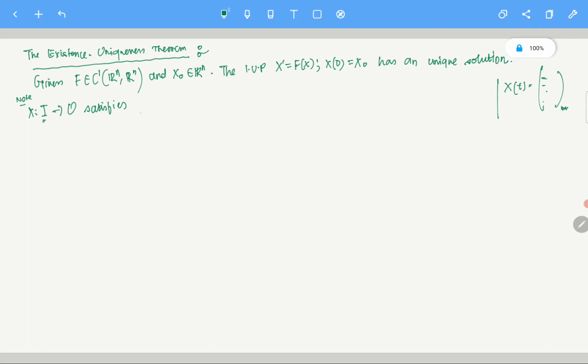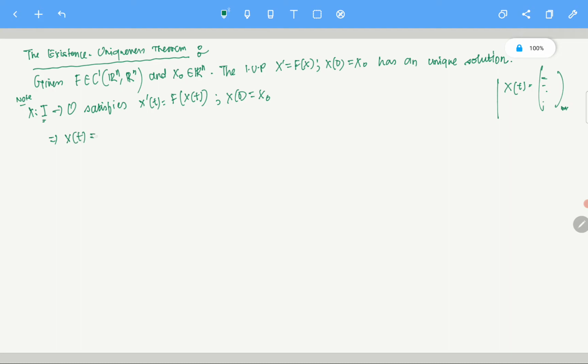So this is a small note. If there is an x which satisfies x prime of t equals f of x of t for all t, and such that x of 0 equals x naught, then you can use the fundamental theorem of calculus to integrate this between 0 and t.